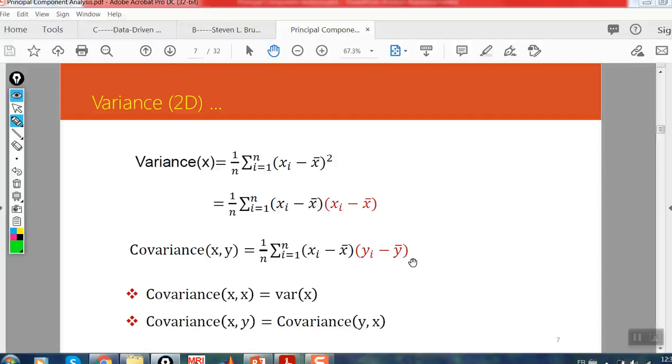Pay attention to this: the covariance of x and x is equal to the variance of x. And the covariance of x and y is equal to the covariance of y and x. They can change the place of the two variables.